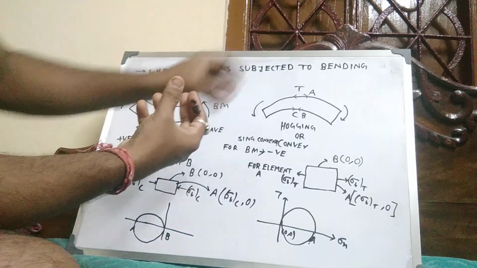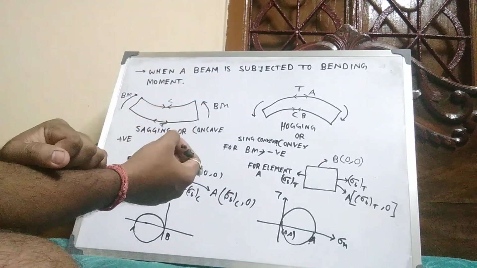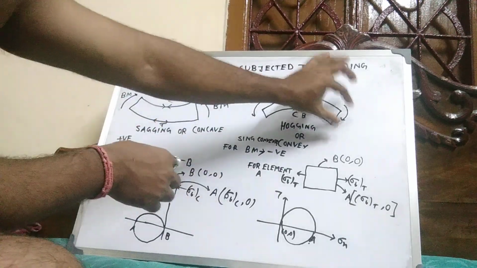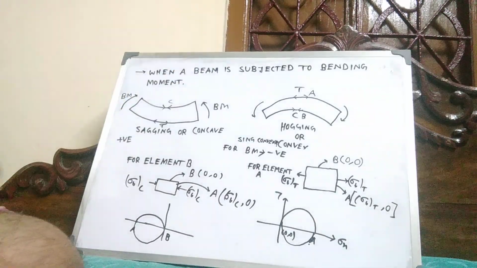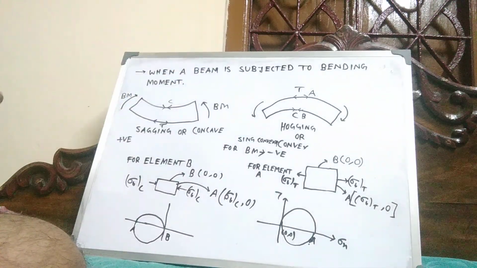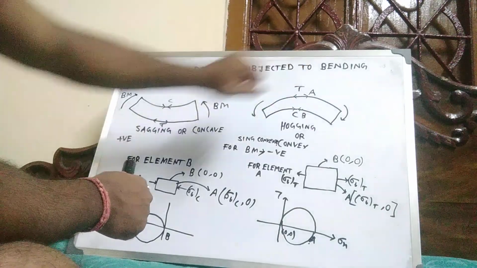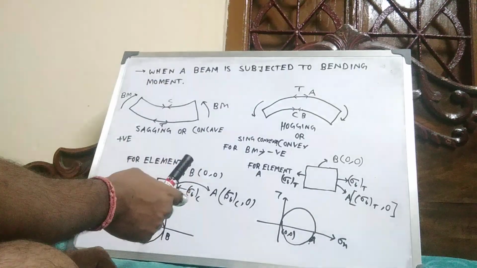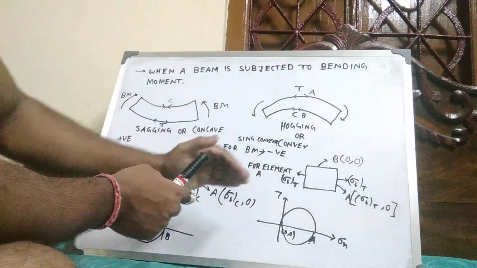That's why it bends. The bending stress is normal to the cross section of the beam.